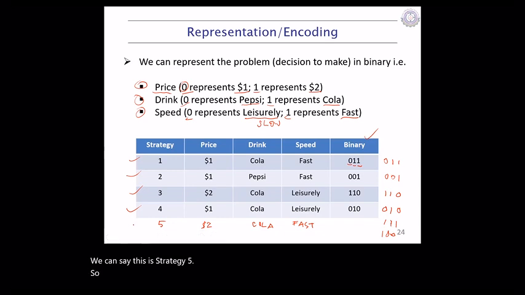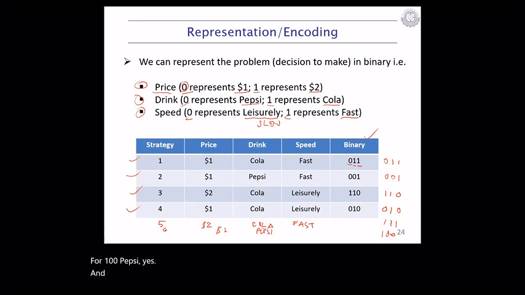So number 6, for example. With 100, there is a $2, right? Here $2, the combination will be $2. And then this is what? Soft drink for 100, Pepsi.